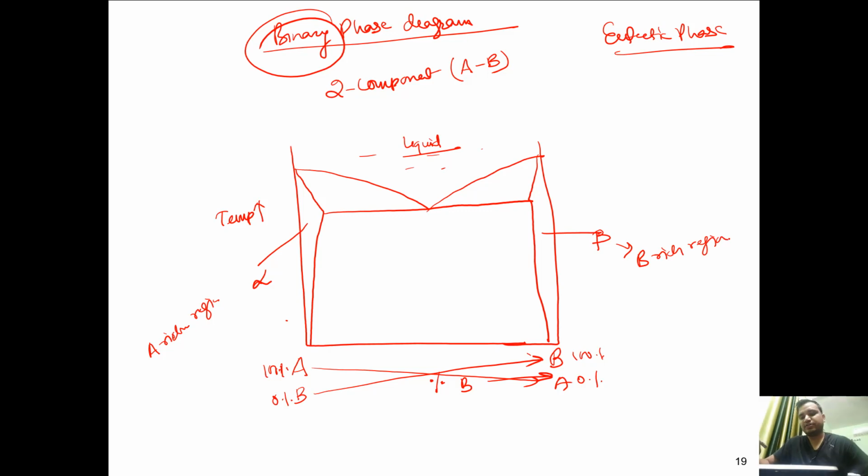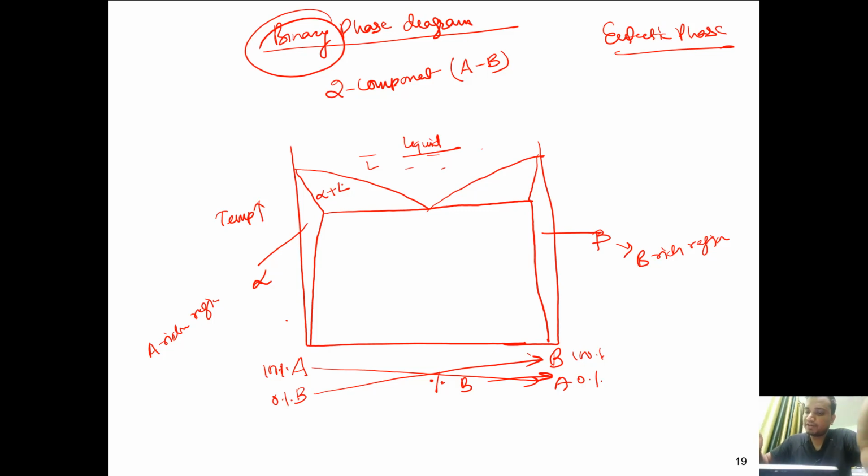So this is alpha, and the boundary between alpha and liquid, we will write alpha plus L. You can also see this is your L, so the L should come just near.